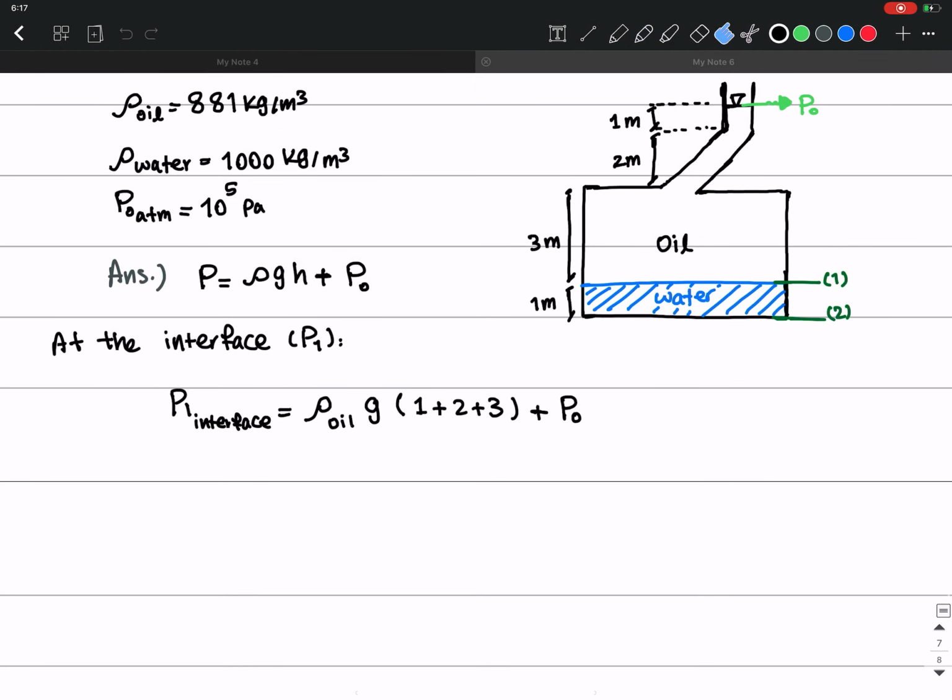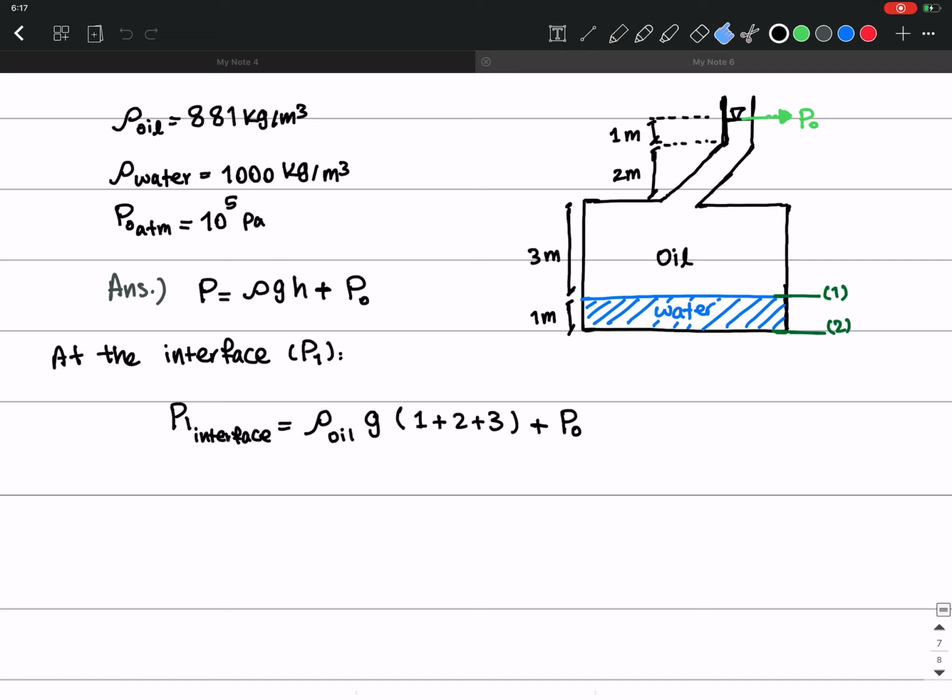So I'm going to have the density of oil, which is 888, so the P interface equals 881 times g, which is 9.81, times 1 plus 2 plus 3, which is 6, plus P0, which is 10 to the 5 Pascal.